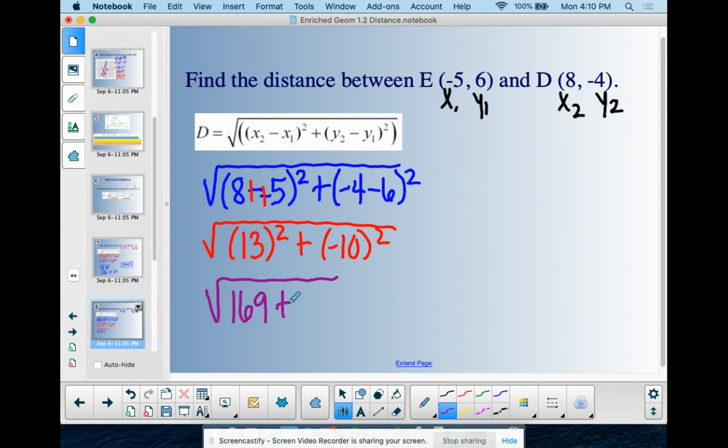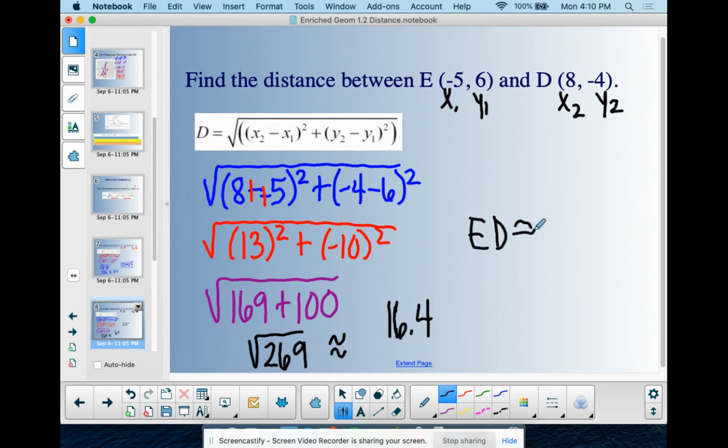Negative 10 times a negative 10 is 100. Add those two together, and we should get 269. If you take the square root of 269, you should get 16.4. So again, ED, its length is about 16.4.